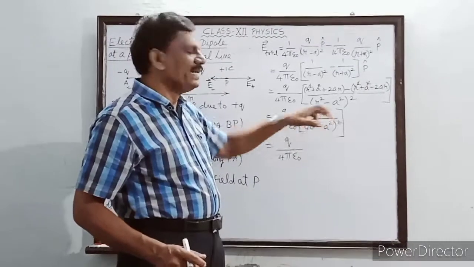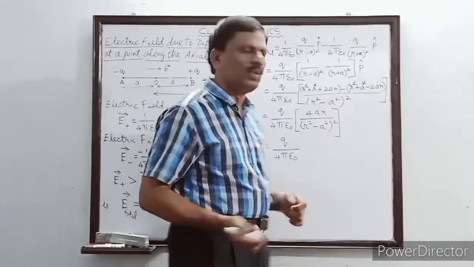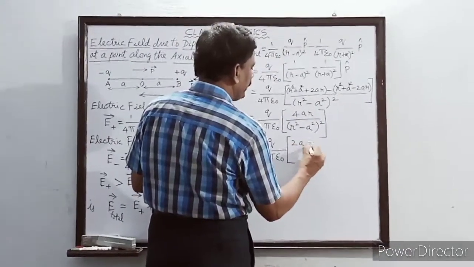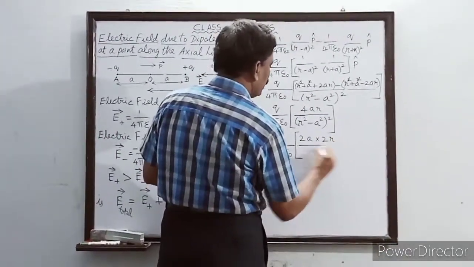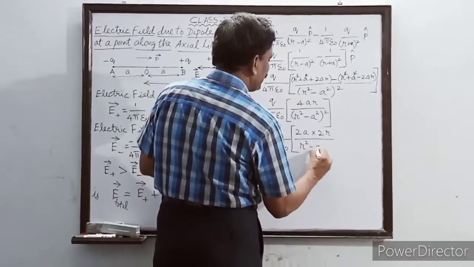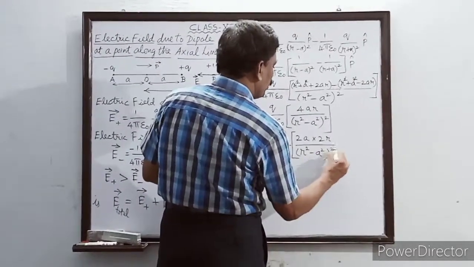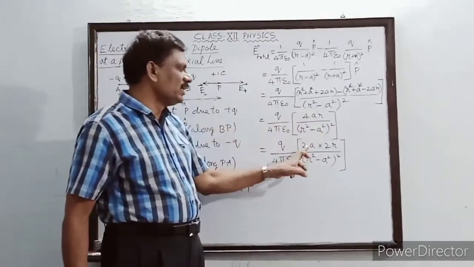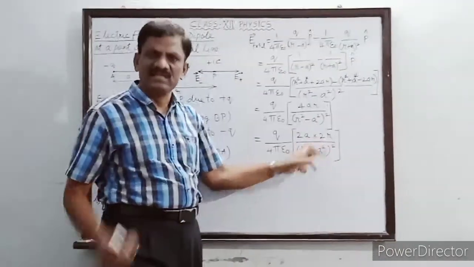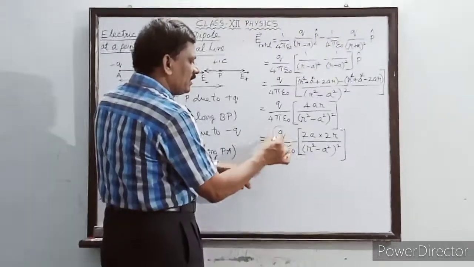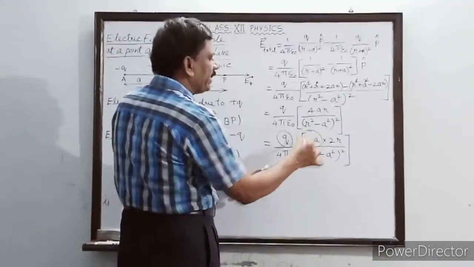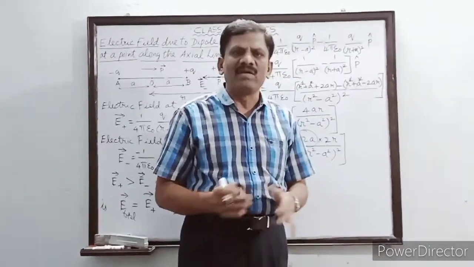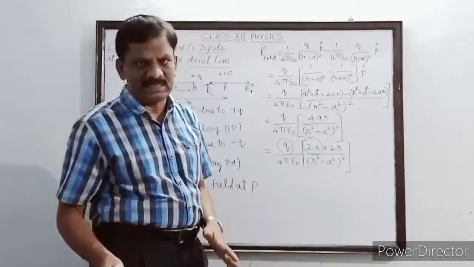This 4ar can be written as 2a into 2r. So inside the bracket, this is also equal to 2a multiplied by 2r divided by (r² − a²) the whole square. Why am I writing 4ar as 2a times 2r? Because the product Q into 2a is the magnitude of the electric dipole moment, is it not?